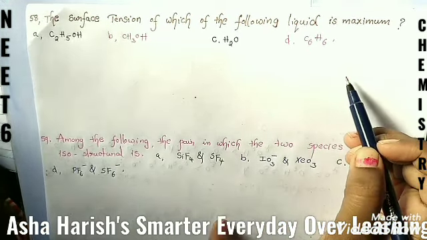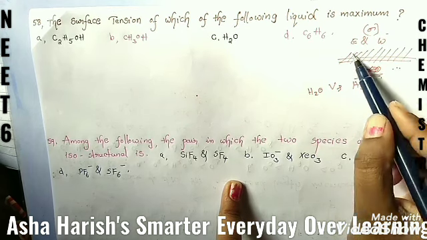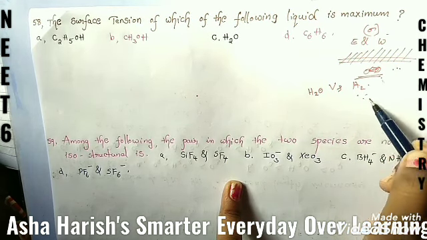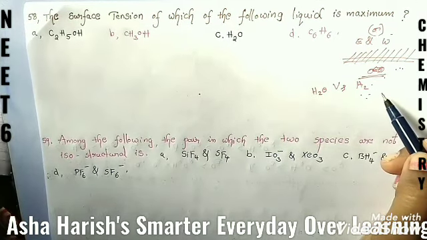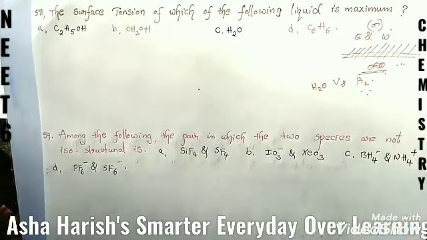These intermolecular forces of attraction vary depending upon the nature of the liquid we have taken. For example, water droplets form on the surface of a water pool because of surface tension, right? And we shall go for the answer.